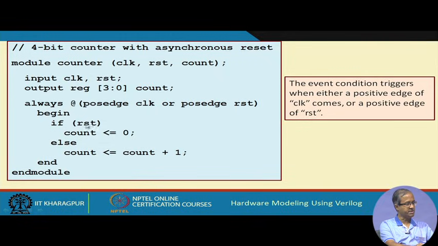So, you check whether reset is 1, then you make the count value 0, else reset was not active, just a clock came, so you increment the count by 1. This is a simple description of a counter with asynchronous reset. But if you need a synchronous reset, then you drop the second part, just write posedge clock, and everything will take place in synchronism with the clock.